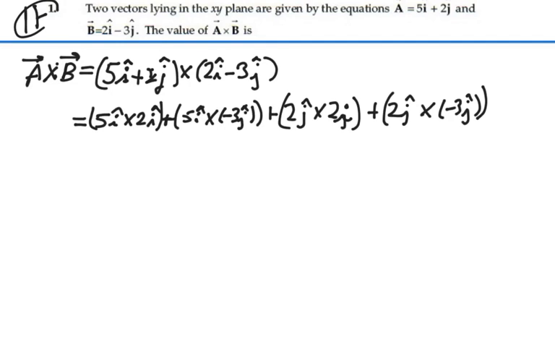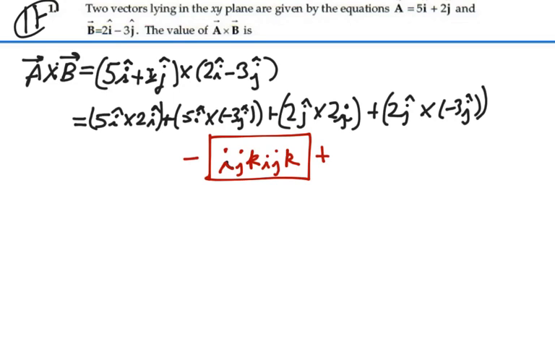If we use the mnemonic device where i, j, k, i, j, k, negative, positive: if we go to the right on this device, we end up with the next vector, positive.